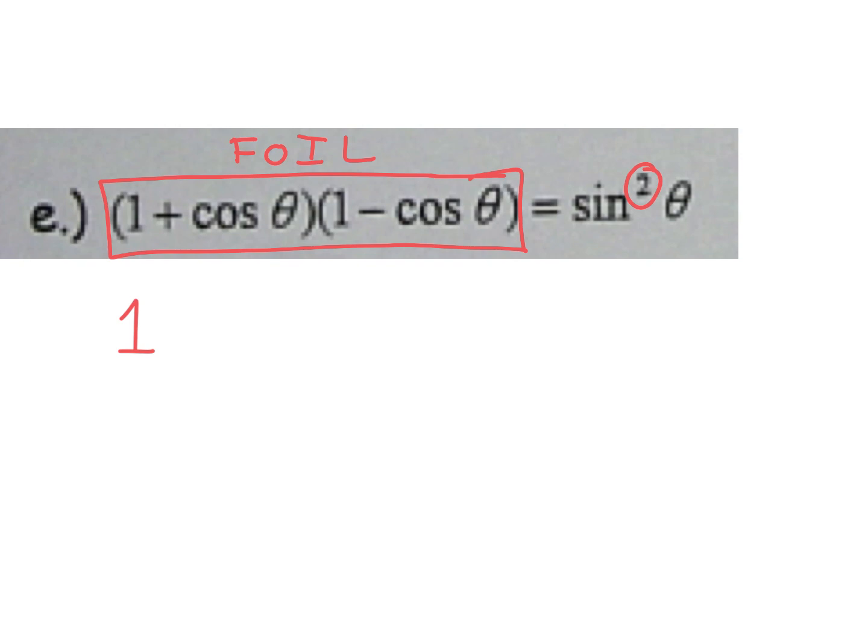My outers, in this case, would be 1 times negative cosine theta, which is just negative cosine theta. Then I'm going to do my inners, because I stands for inners. So cosine times 1, that's just positive cosine theta.